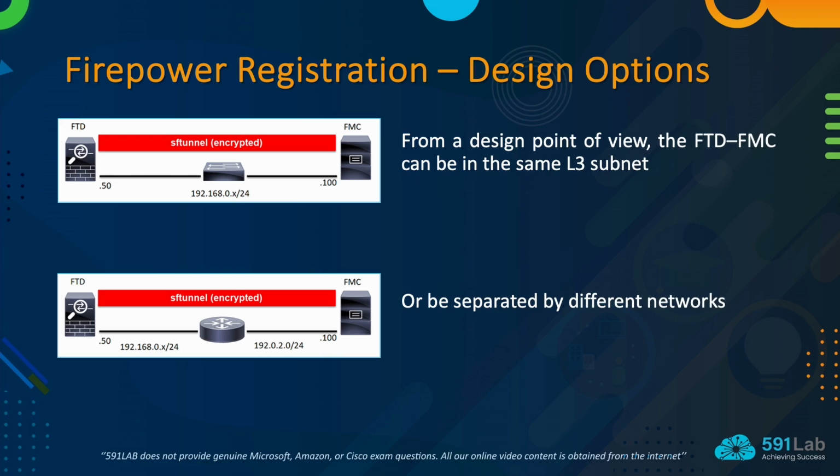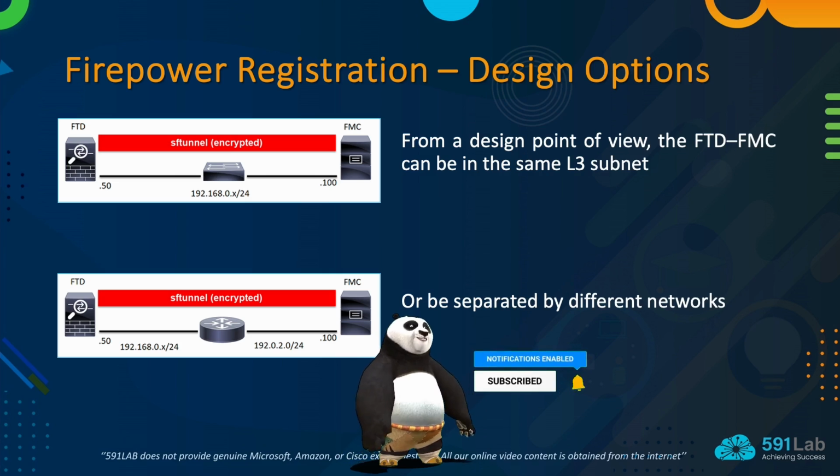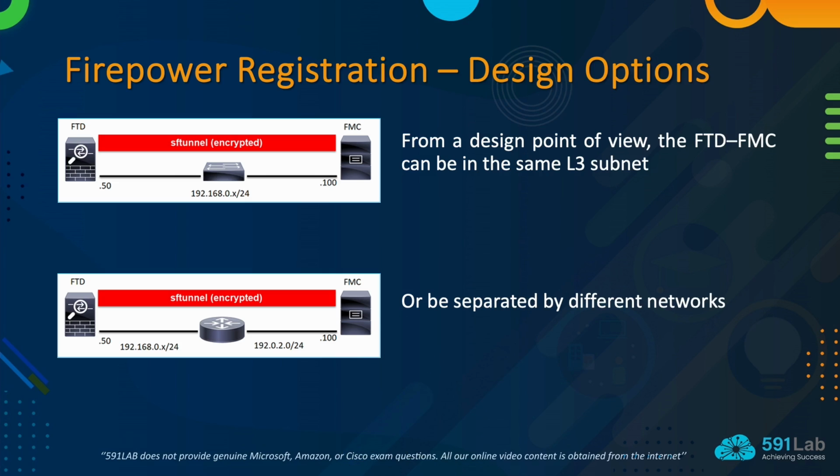In the case of remote management, the FTD needs first to register to the Firepower Management Center using a process known as device registration. When the registration is done, the FTD and the FMC establish a secure tunnel called the SF tunnel.